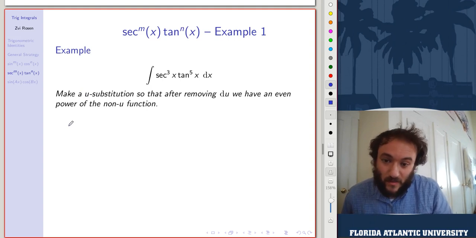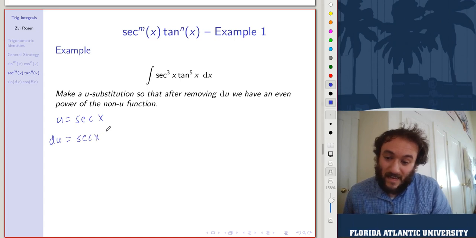Okay, so let's do that. Let's try each relevant u. So if we were to take u equals secant x, we know du would be secant x tan x dx, which is the derivative.